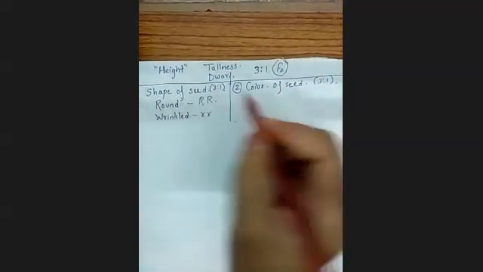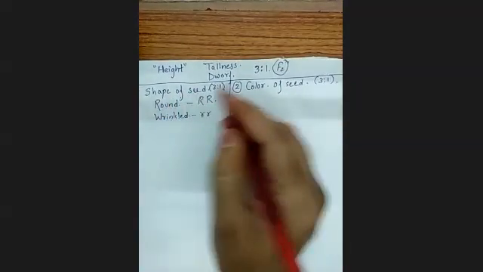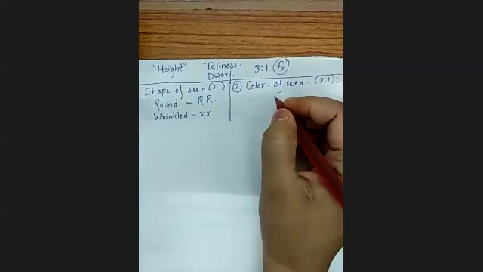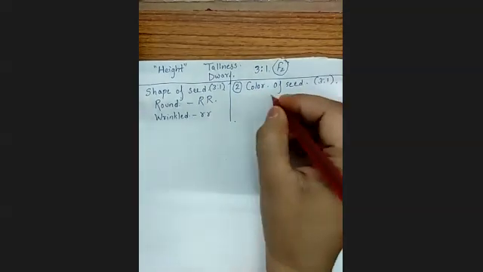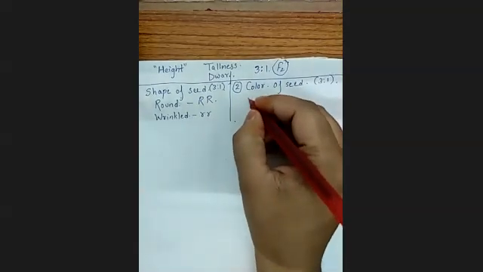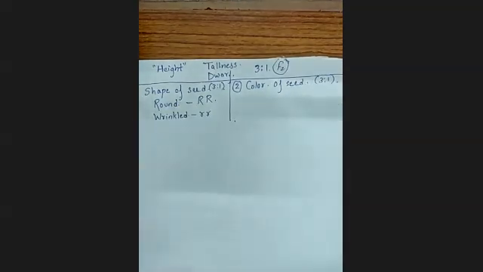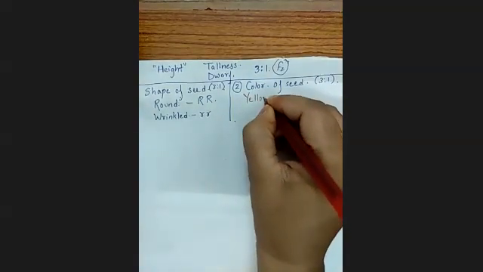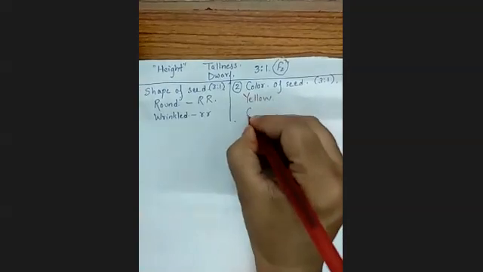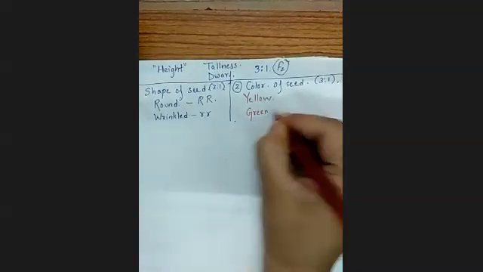Now he decided to consider 2 characters at the same time. He took shape of seed and color of seed, a dihybrid cross. Then he took the color of seed as its character, with yellow and green.